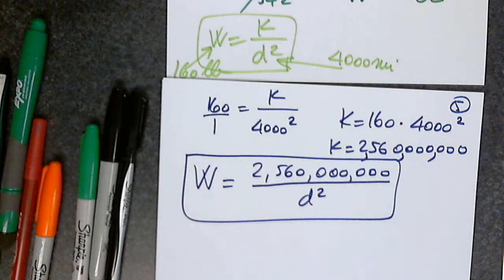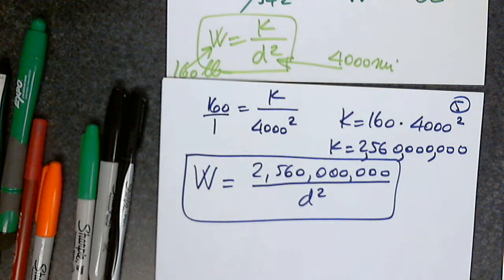Now we can read the question. And now we can answer the question because we have the exact relationship. Where is the question? If a person weighs 160, find the individual's weight if he moves 200 miles above. So the person is not walking on the parking lot now, he's 200 miles up in the air. So what is the distance between that person and the center of the Earth now? It's 4,200.